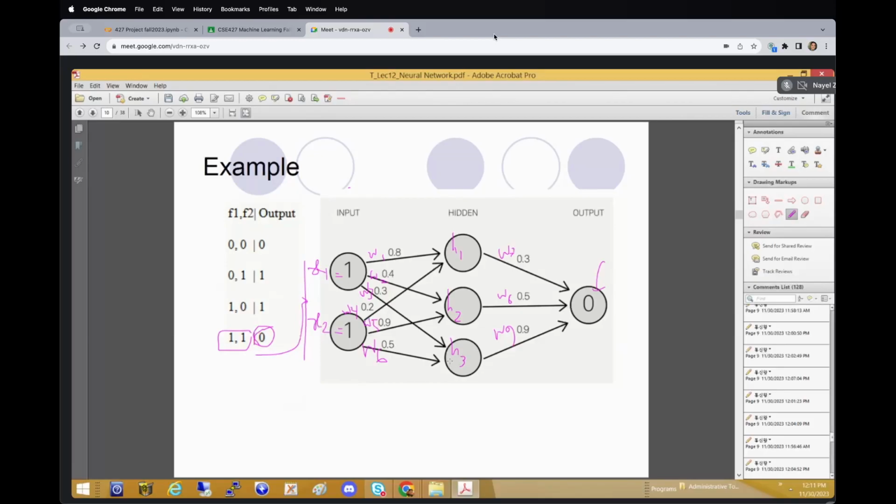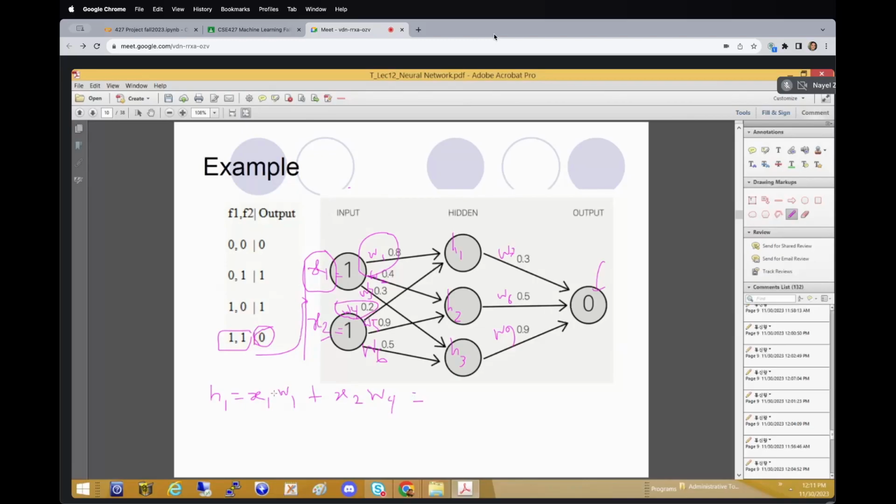The equation of forward propagation for H1 is x1 times W1 plus x2 times W4.